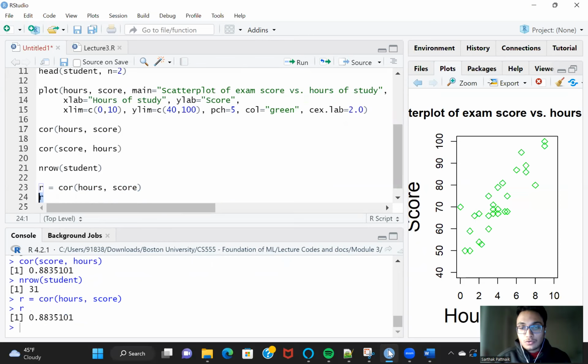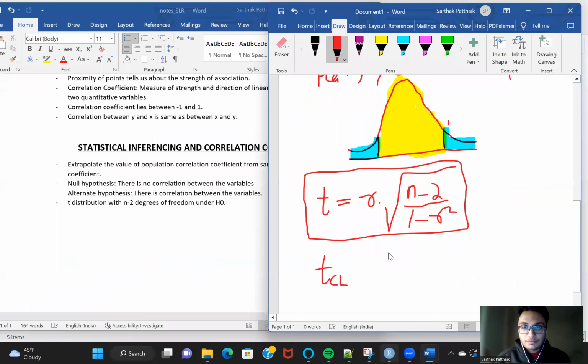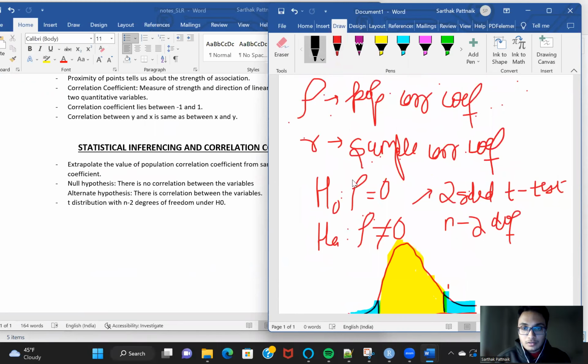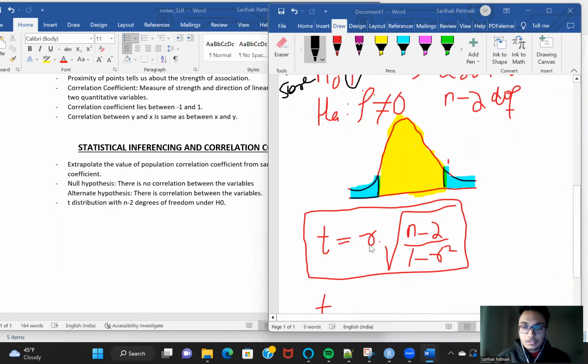So this rho for this particular problem represents the correlation between hours and score. This is what rho represents. This is already calculated. Now we just need to put this in the formula.